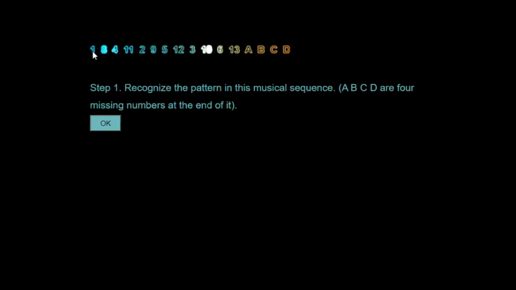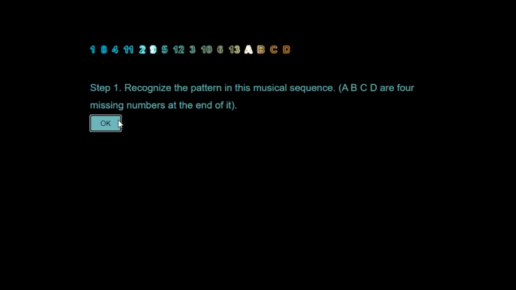It starts with 1, and if you look further you can discover a 2, a 3, so 1, 2, 3, and if you look at the second number 8, there will be a 9 and a 10, so it seems as if there's a 4 group structure: 1, 8, 4, 11, 2, 9, 5, 12, 3, 10, 6, 13, and then A, B, C, D, replacing the missing numbers.